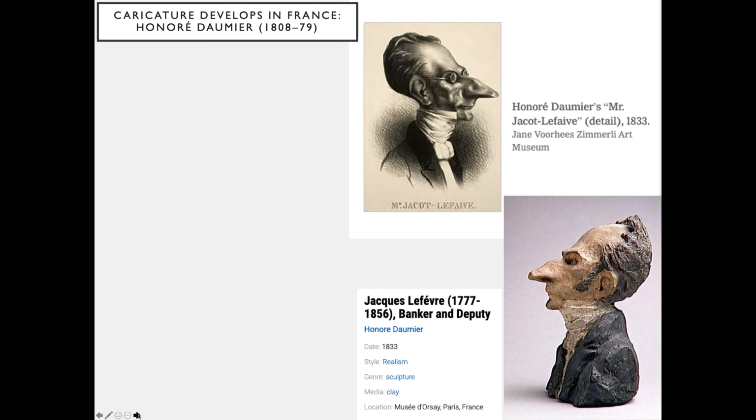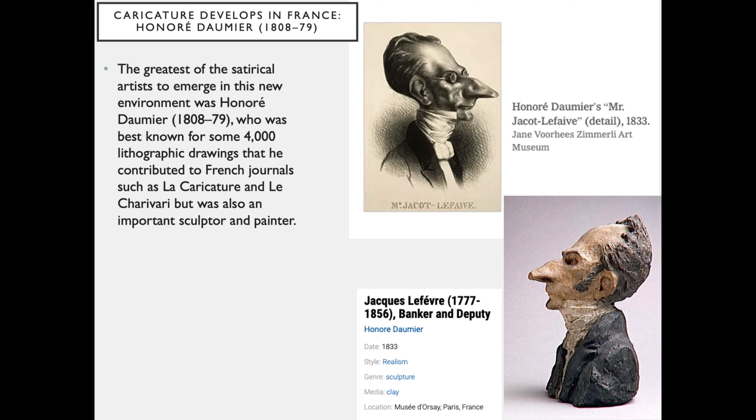All right, caricature develops in France. We're going to look briefly at the work of Honoré Daumier, who lived from 1808 to 1879. Daumier was an amazing artist. We know him chiefly for his caricatures, his drawings, but he also made these amazing ceramic busts. And he also was an amazing painter, coming from the Romantic tradition, but with very much a social justice message.